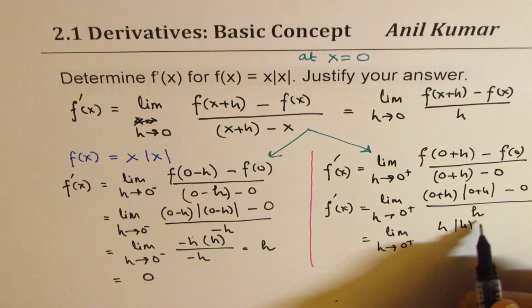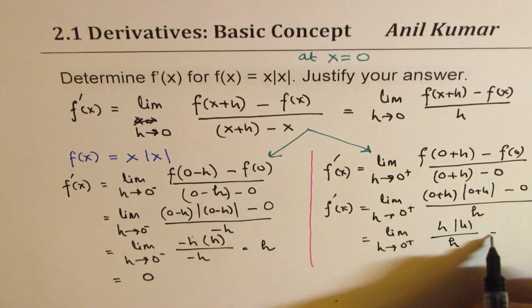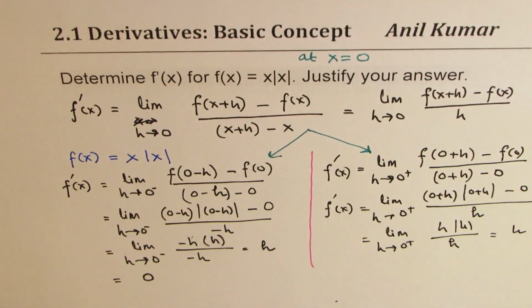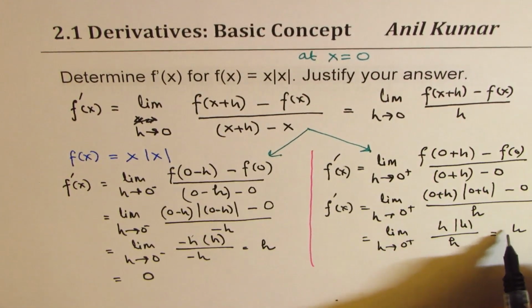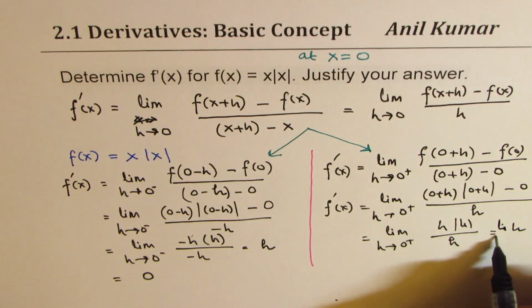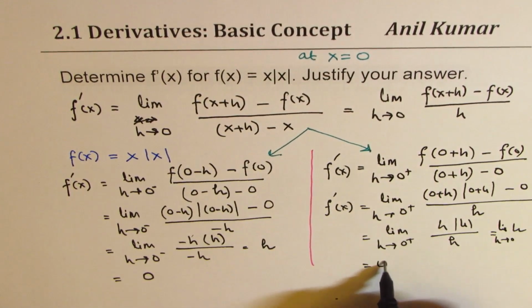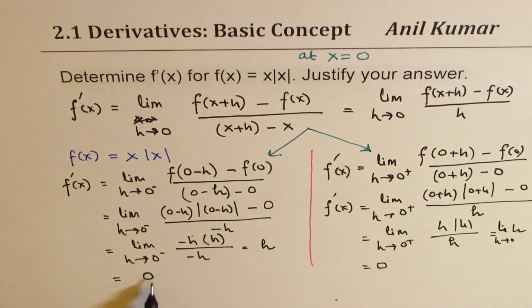Absolute value of h is also positive h, so we get positive h. Substituting h approaching 0, we get 0. So both the values are 0.